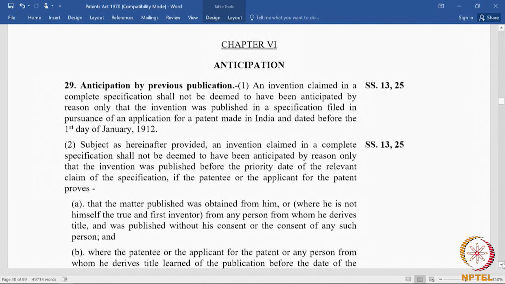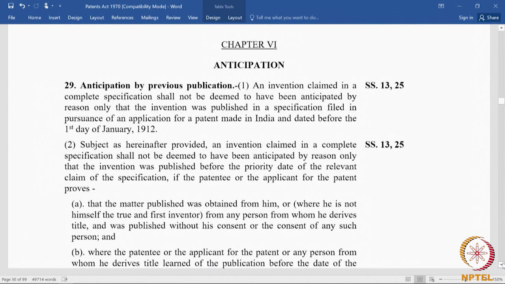The third category is anticipation by public use or public knowledge. You can say prior use or prior knowledge; you can use these words interchangeably. So, this is the third type of anticipation. Here it need not be a case of comparing documents.